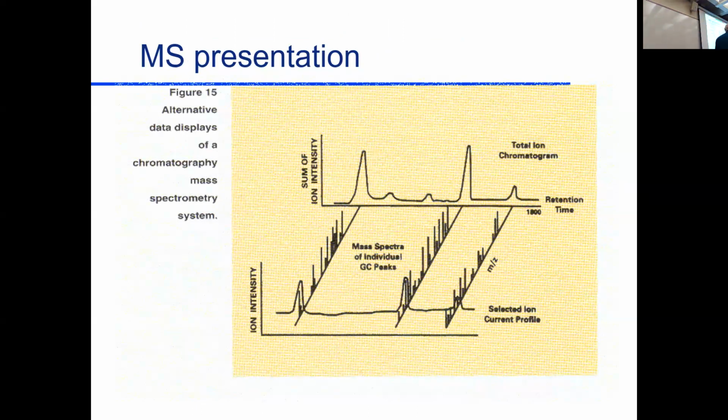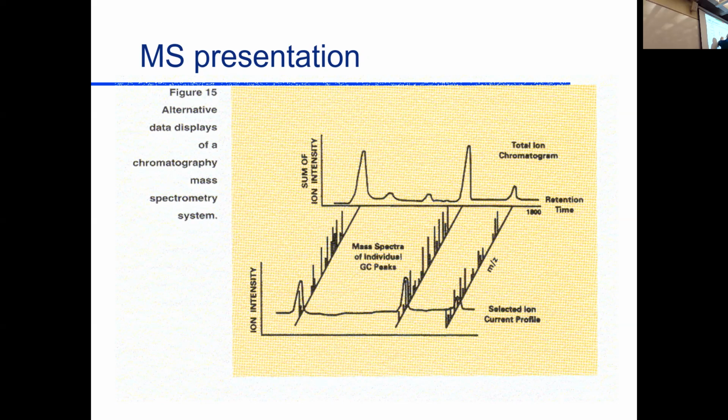There are different ways of presenting mass spectra when you're feeding it from a liquid chromatograph, or for that matter, from a gas chromatograph. The system will draw something that looks like a gas chromatogram or an LC trace. When an analyte comes in, you form a lot of ions, and the mass spectrometer samples the number of ions.